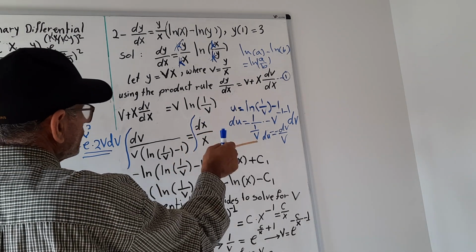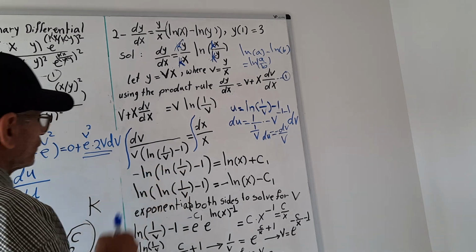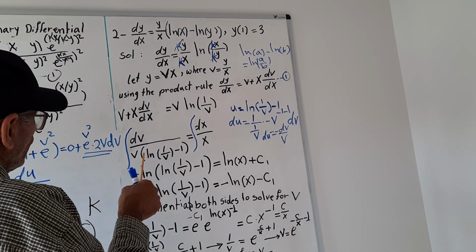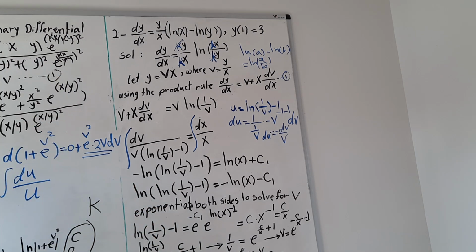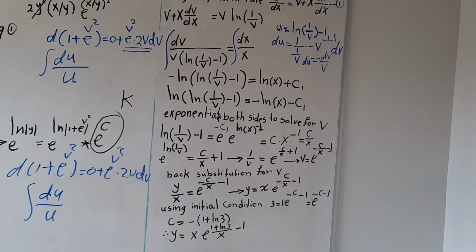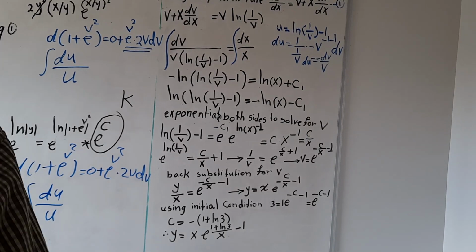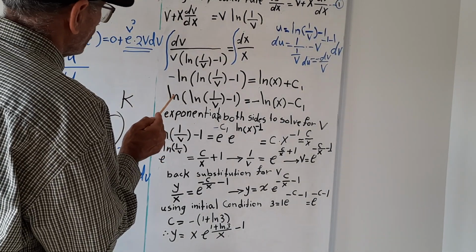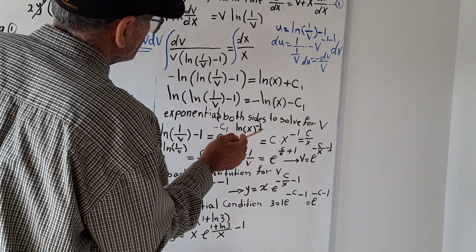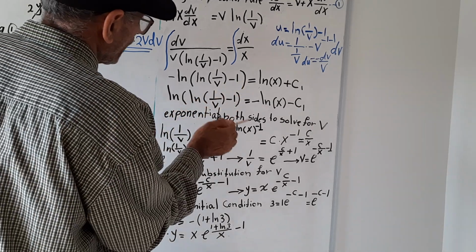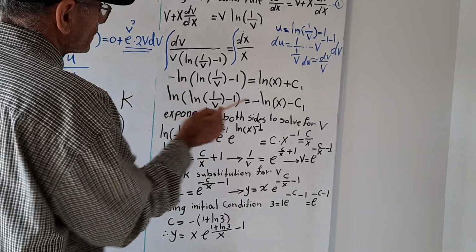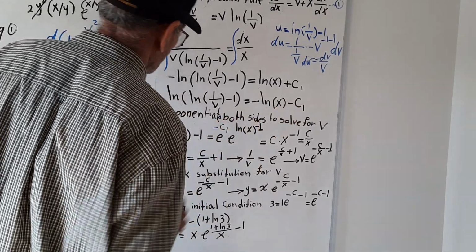We use this substitution to get this integral. And here we have the integral of this equation. Here's our integral, ln of all this. We multiplied both sides by minus, so this minus cancels, and we got here minus c1.